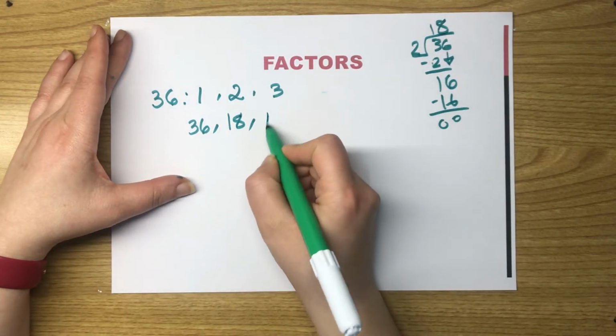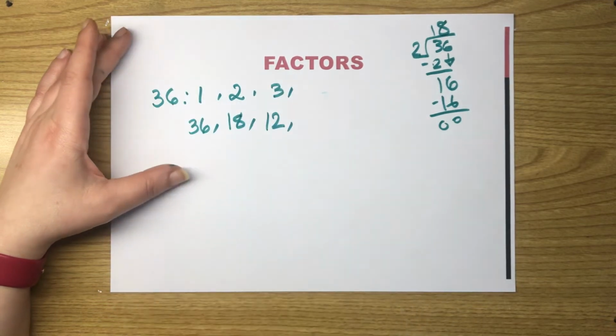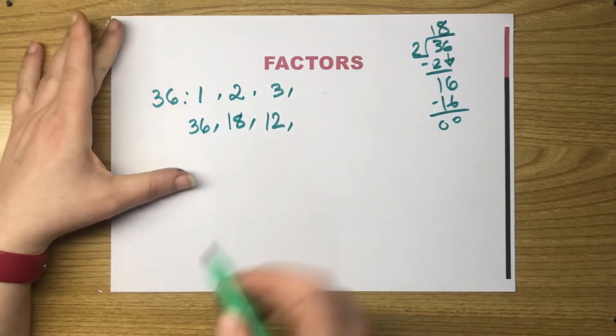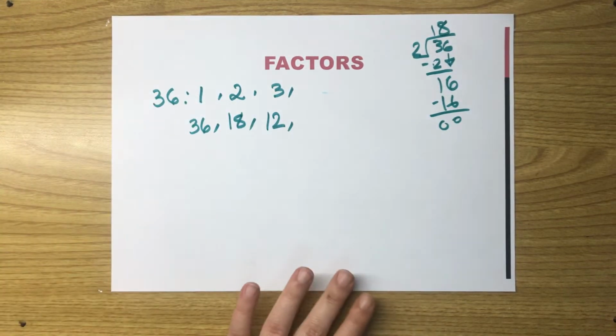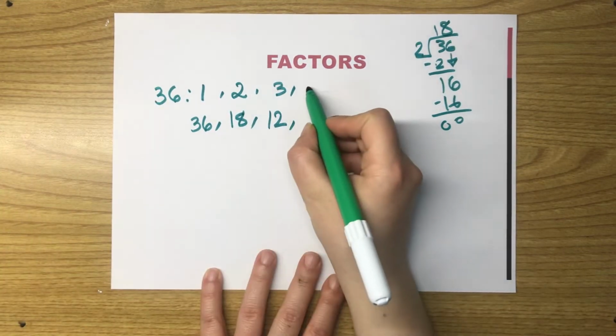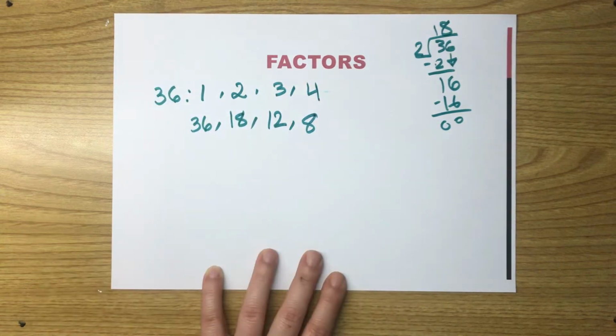So 3 and 12 are factors of 36. Is 4 a factor of 36? Yes, because 4 times 8 equals 36.